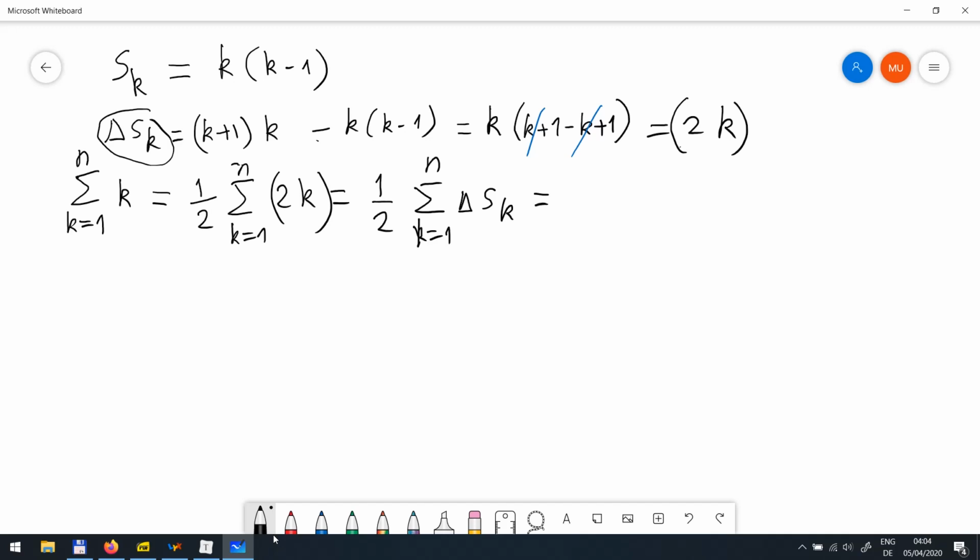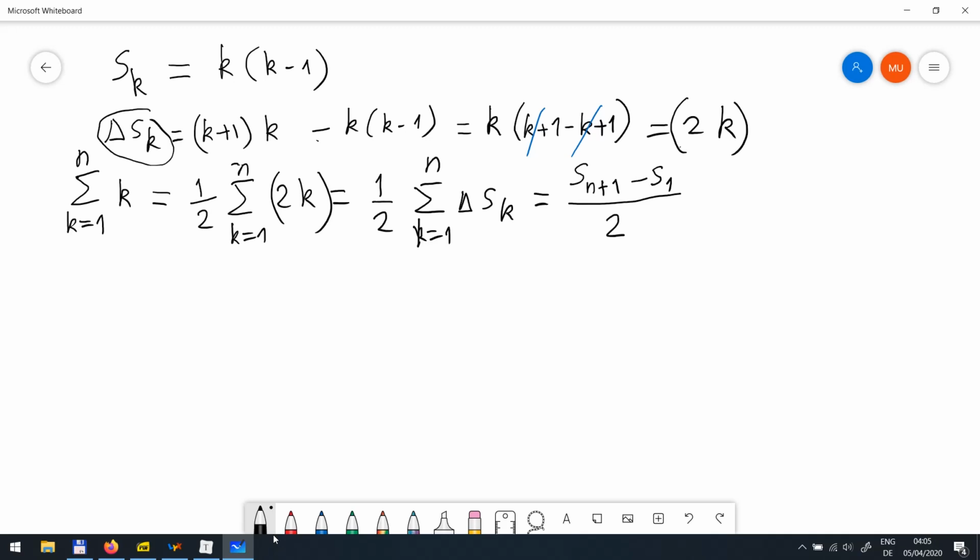Now I know this denominator will become 2 because of that half, and let me just repeat that, it will be Sn plus 1, because that one is n, and the first one will be S1.